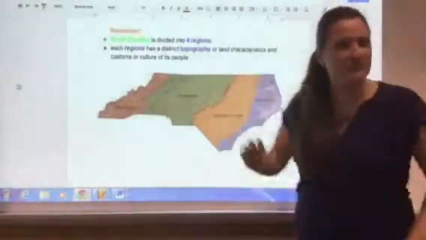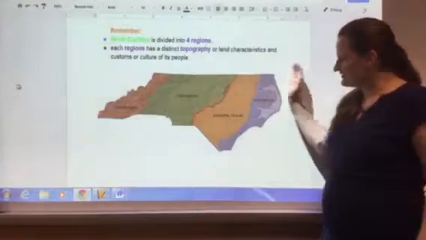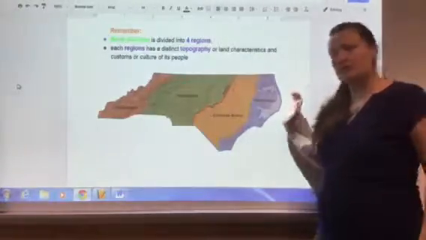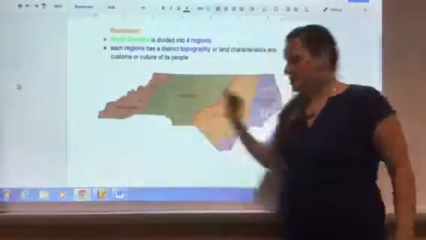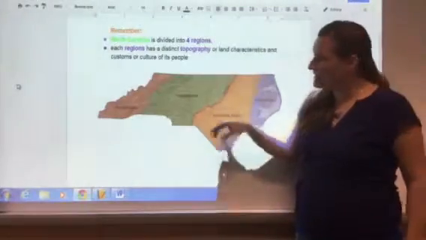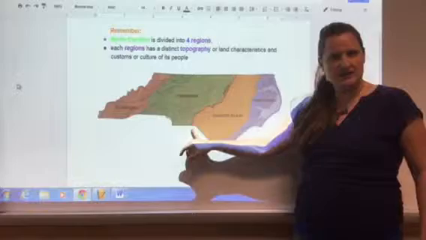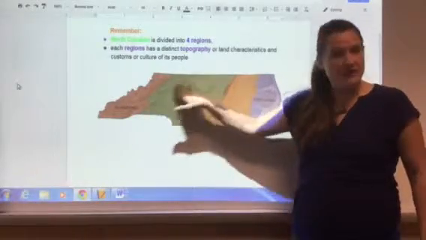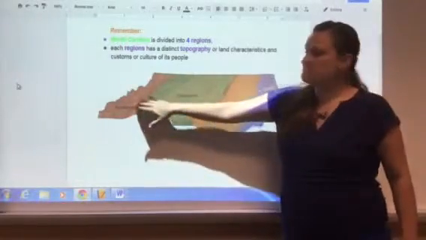Okay, so let's look at the 4 regions. Here's the Atlantic Ocean, from east to west. You've got the tidewater, the coastal plain with the great soil, and the fall line, which we'll talk about more in class. The Piedmont, where we live, and you've got the mountains.